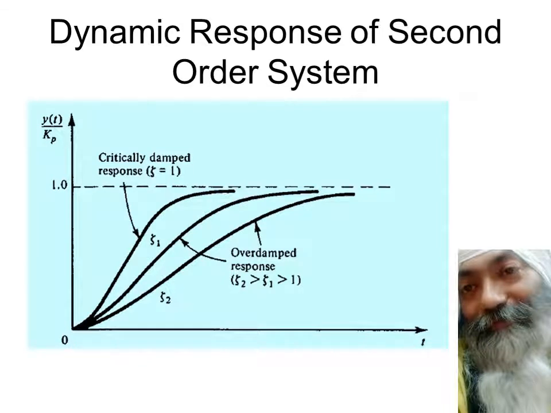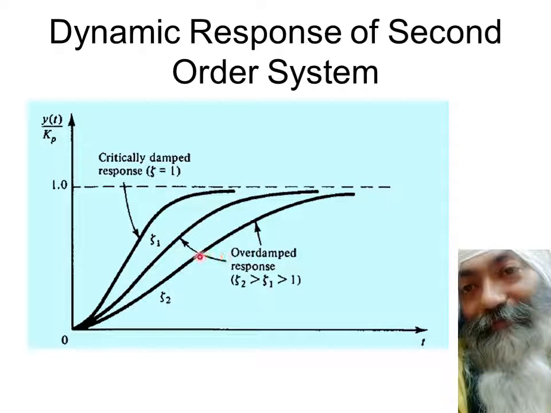Back to the response, we start with an overdamped response with some zeta. Let us say zeta is 1.2, then it becomes 1.4, then 1.6, and so on.